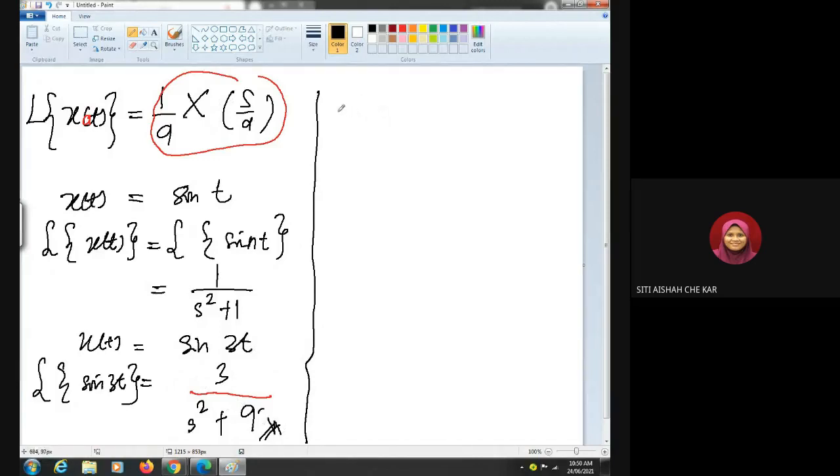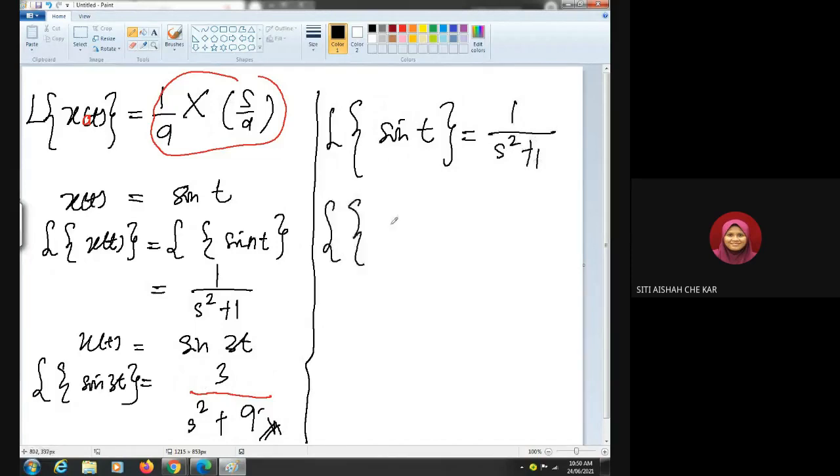Okay, so what we're going to do is sin t. We replace first. So like you said, the answer is 1 over s squared plus 1. But now I try to use this property, sin 3t.